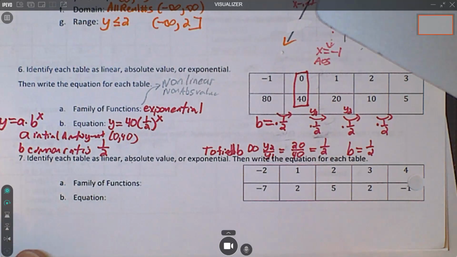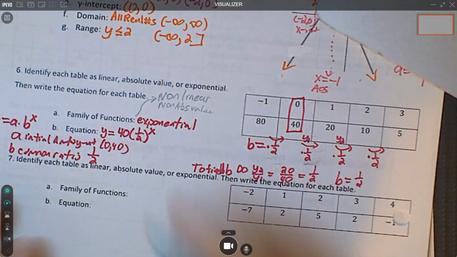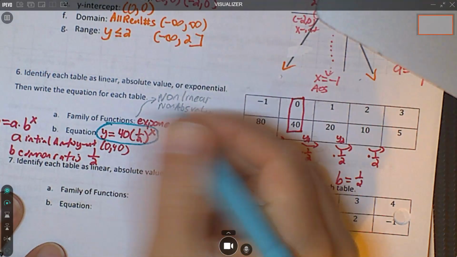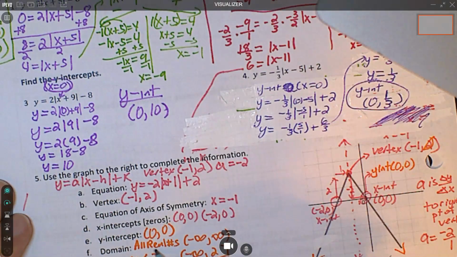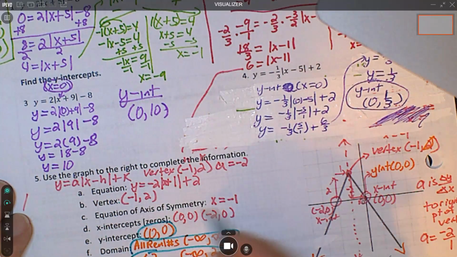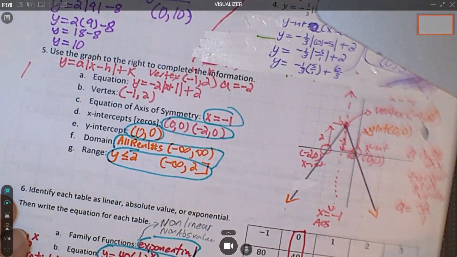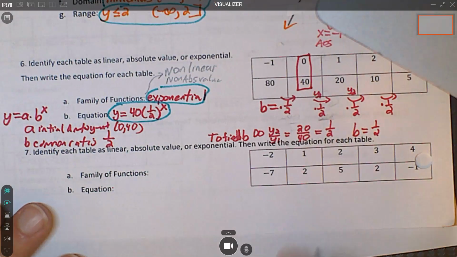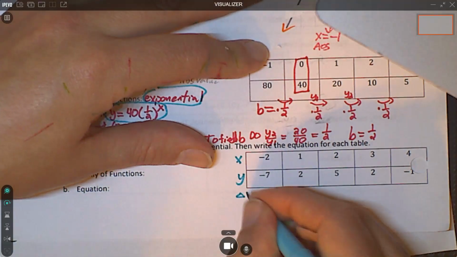Okay, so picking between the two, you always want to do change in y over change in x.